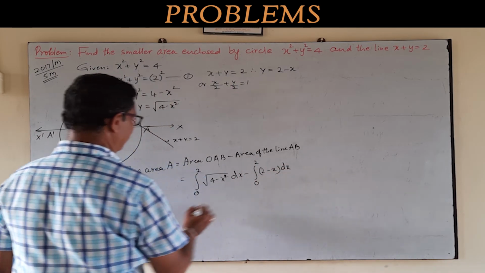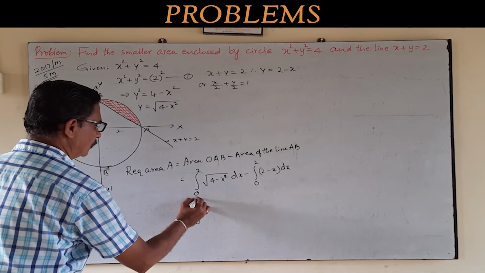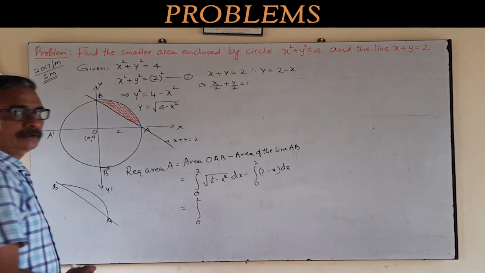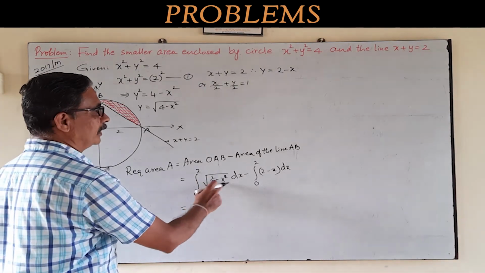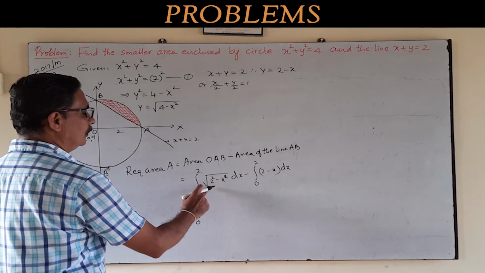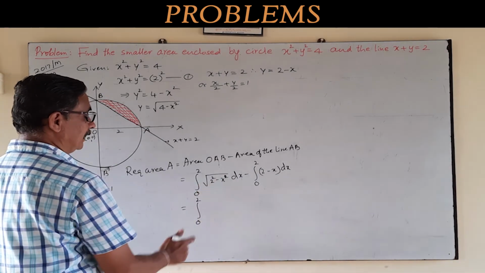Then simplify. That equals 0 to 2. 4 can be written as 2 square. Now it is in the form root of a square minus x square. You know the formula by using integration by parts. What is the integral of root of a square minus x square?